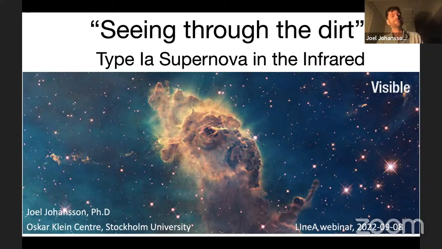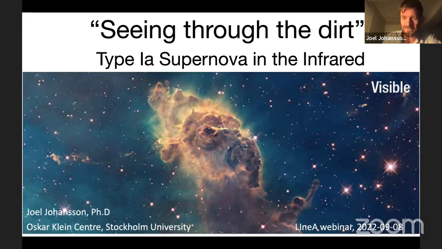Okay, so seeing through the dirt. A lot of the stuff I will talk about today somehow sooner or later relates to cosmic dust, how to avoid it, or sometimes how to detect it, depending on what you want to do. And I think this is one of my favorite nebulae. To me, it looks like a cat hitting a teddy bear.